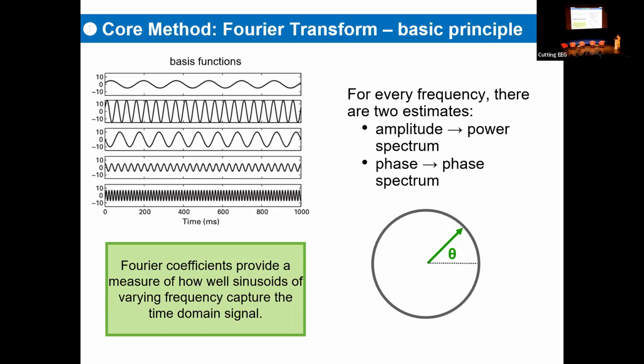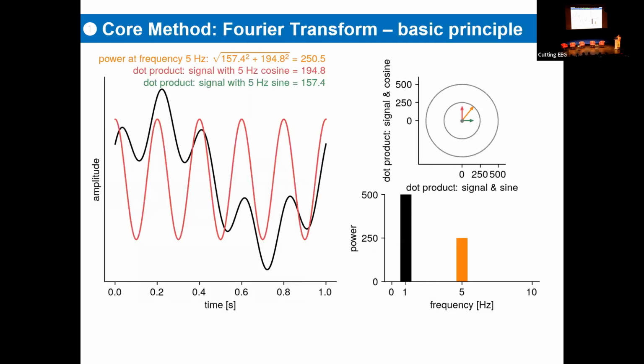For every frequency, we can arrive at the power or amplitude of the basis function, and we can also arrive at the phase by extracting the angle between the orange arrow and the axis.